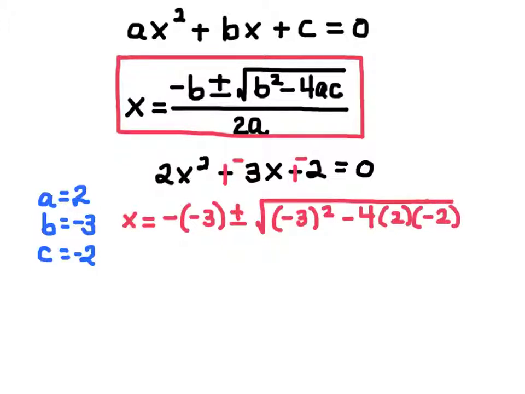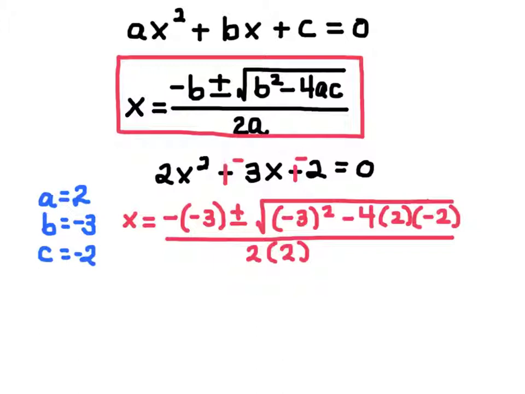And this whole thing is over 2 times a, and a is 2. So I just took the quadratic formula and plugged in my values for a, b, and c. Now let's work out what this is actually equal to.